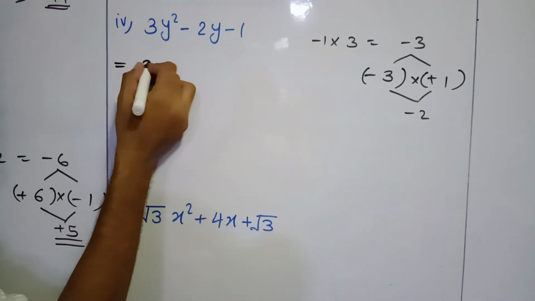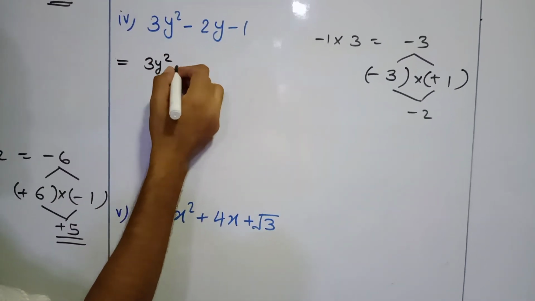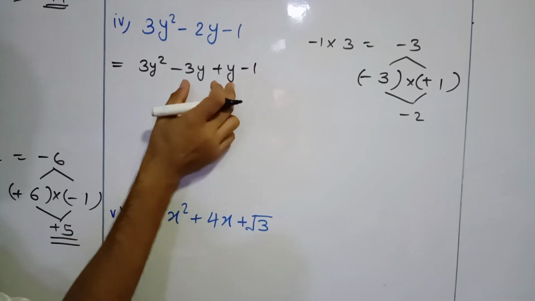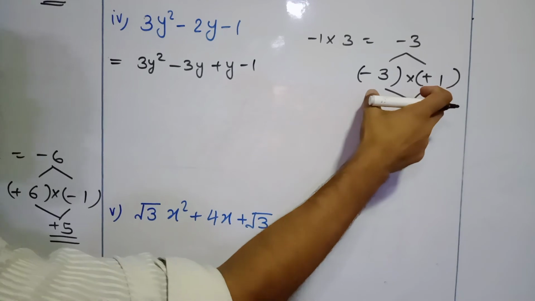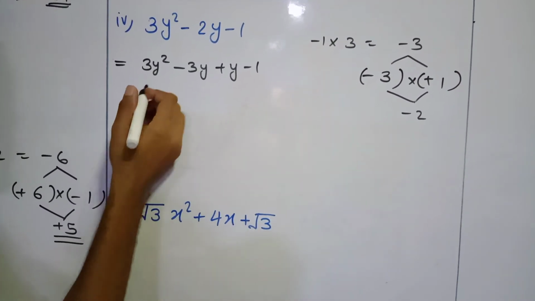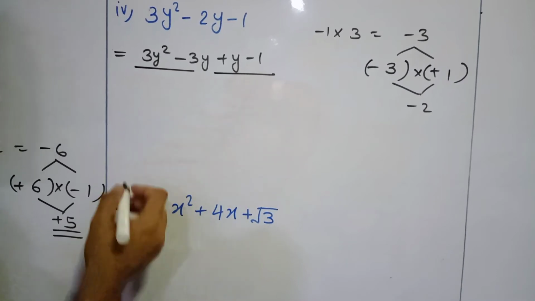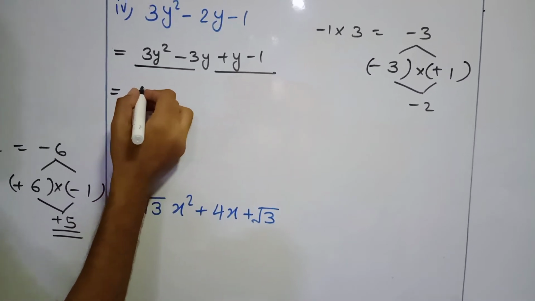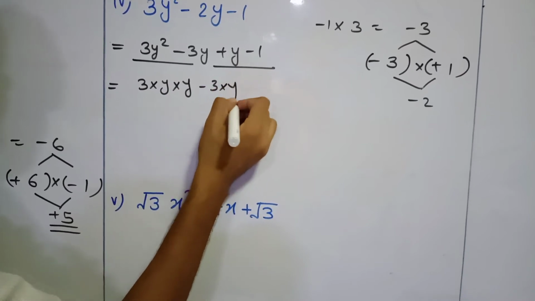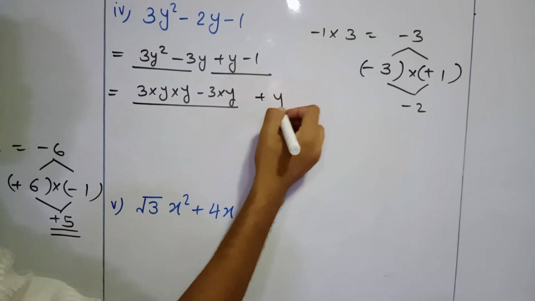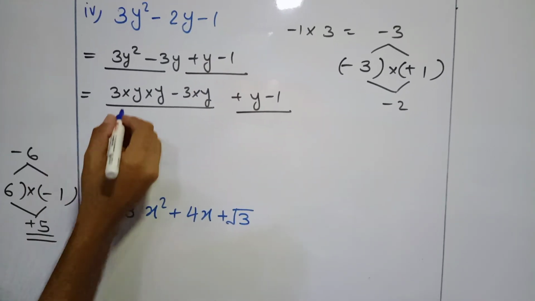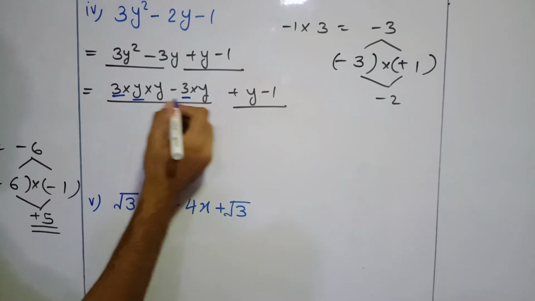Let's start. 3y square as it is minus 3y plus y minus 1. These two we are copying from here. This part is also most important for you to solve your sum. Make the pair of 2, 2. Do the expansion, 3 into y minus 3 into y, the first, plus y minus 1, the second one. Check what we have common. We have the 3, we have y.